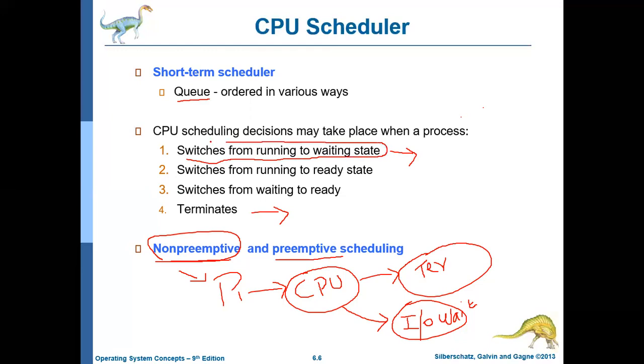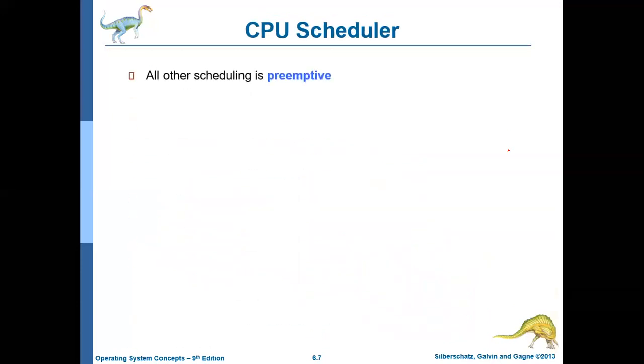The context switch can happen only in these two situations, so these two are examples of non-preemptive scheduling. This is what preemptive and non-preemptive mean.